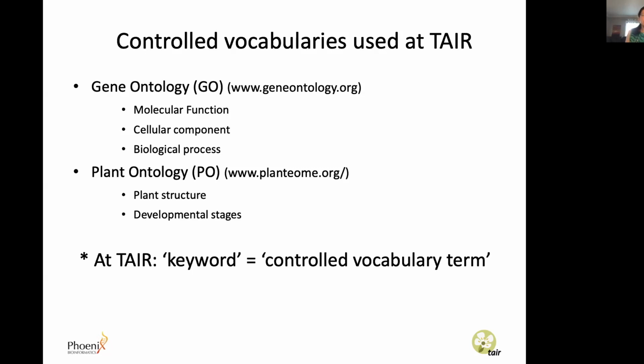We capture where a gene product is expressed in a particular plant structure, so maybe the hypocotyl, or during which developmental stage, so maybe it's expressed during the torpedo stage of embryo development. If you go on TAIR, you will see that there's a keyword search, and a keyword is the same thing as a controlled vocabulary term.